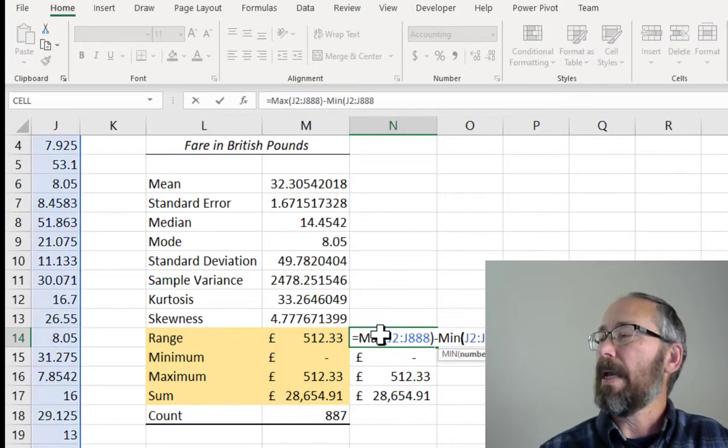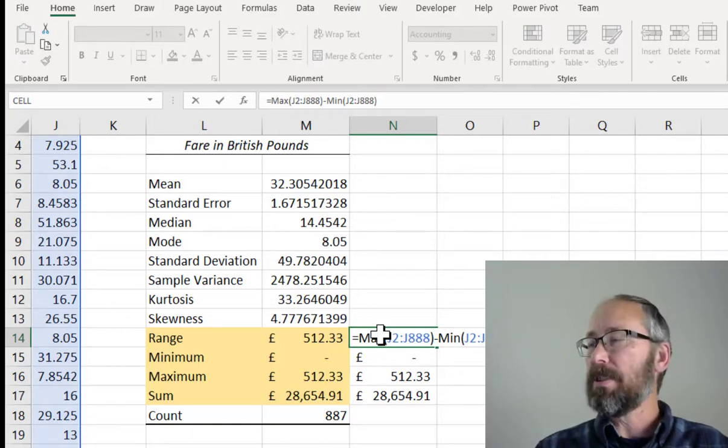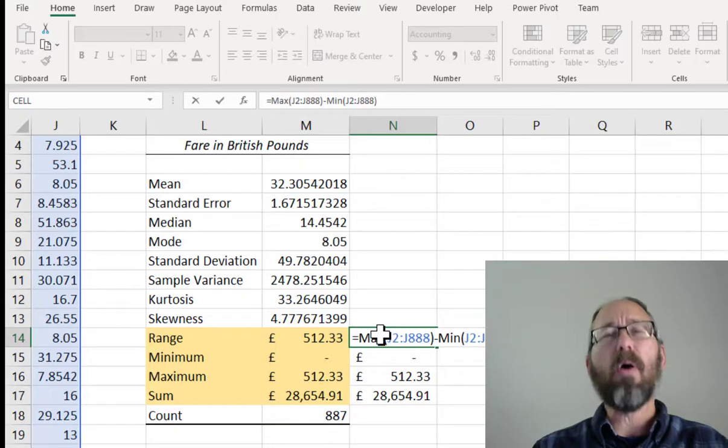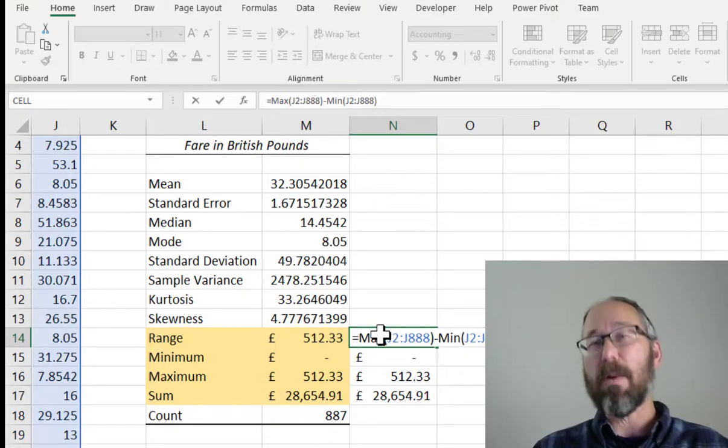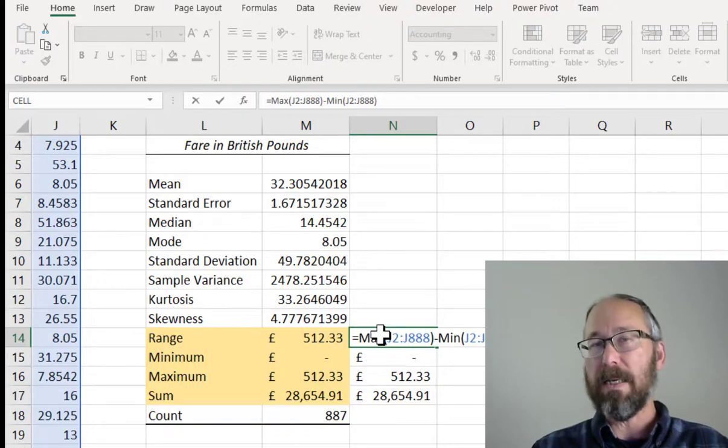Now, I already have these calculated, and so I could point at those cells, which I would normally do. The reason I would normally do that is because the less you type, the less likely you are to make mistakes. Or put the other way, the more you type something that's already been typed in, the more likely you are to make a typing mistake.